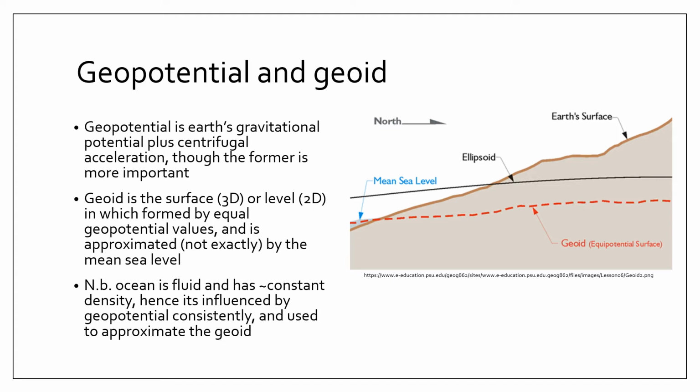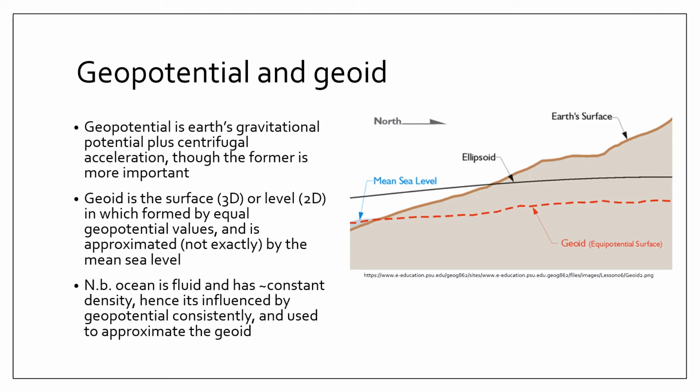Okay, so whatever geopotential or geo acceleration that you're experiencing, it is due to the mass of the Earth plus the centrifugal acceleration due to the rotation of the Earth. Okay, so it's a two-part acceleration.